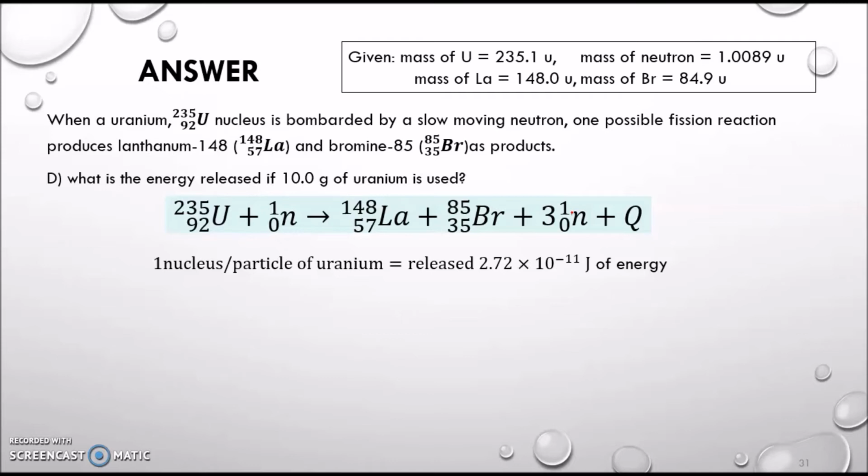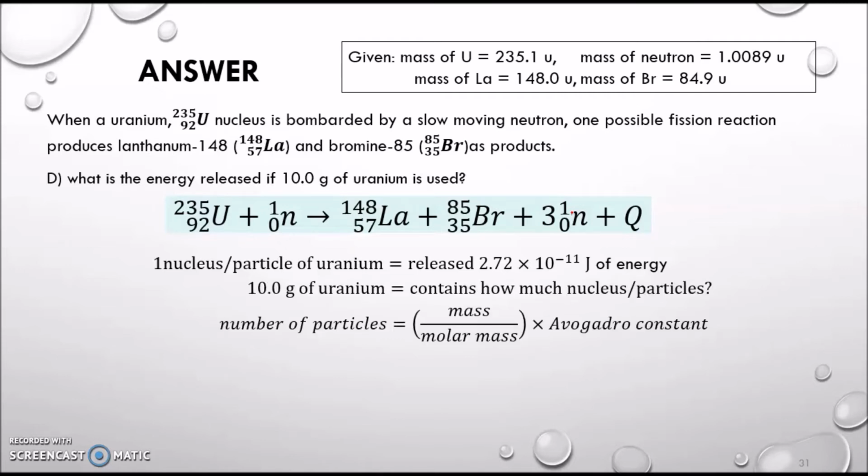This energy we got from question C. What if we use 10 grams of uranium? What we need to do is find how many nuclei are inside 10 grams of uranium. So from this equation, we'll get the number of particles in 10 grams of uranium.